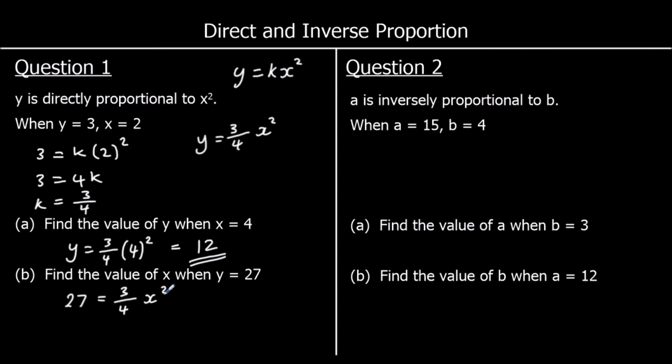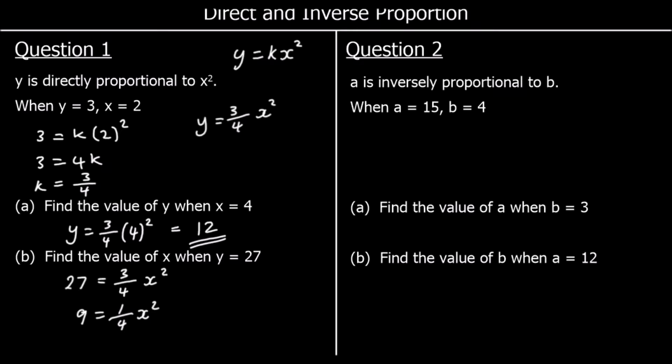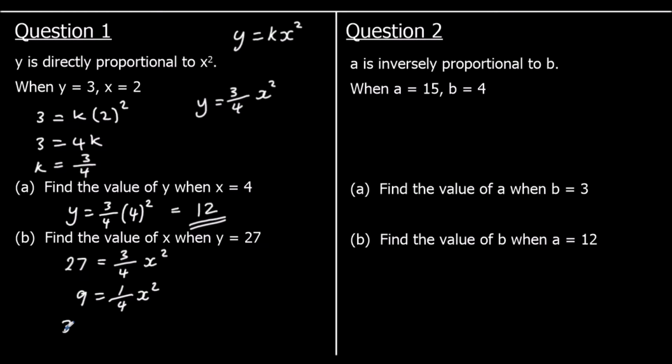If we haven't got a calculator, we can divide both sides by 3 first, which would tell us 9 is 1/4 of x squared, and then multiply by 4. So 36 is x squared, and square root both sides, which will tell us x is 6.